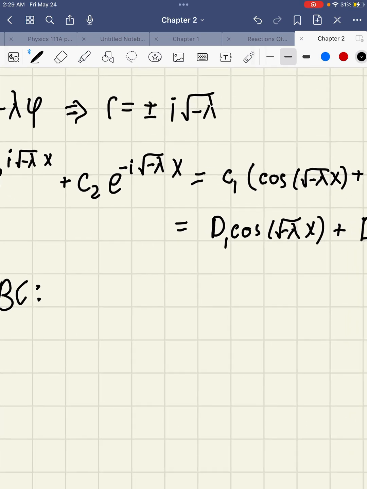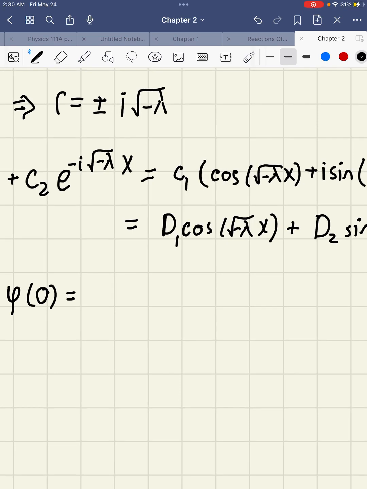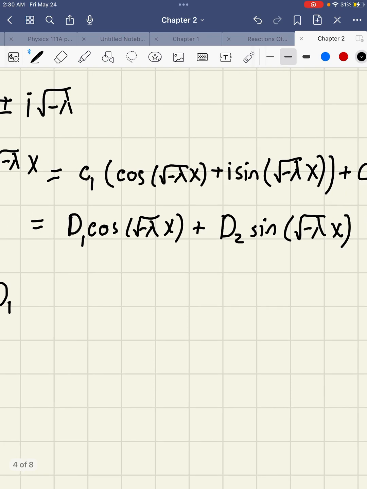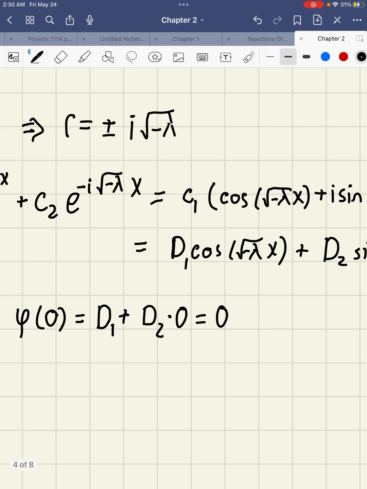Now, I have phi of 0 equal to 0. If I substitute 0, it's going to be D1, because cosine of 0 is 1, plus D2 times sine of 0, which is 0, so D2 times 0, equal to 0.